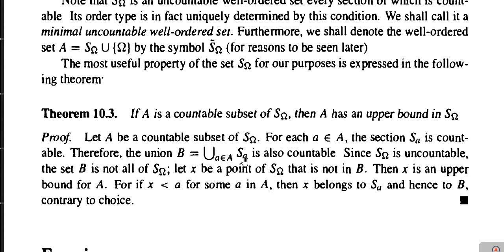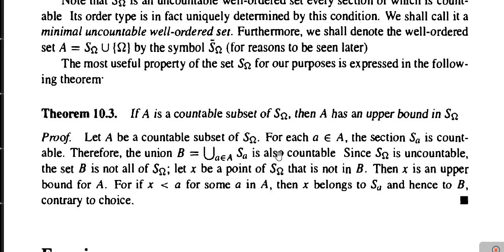As we have seen in the earlier article, the countable union of countable sets is countable. So as B is a countable union of countable sets, B is countable. Now since S omega is uncountable, the set B is not all of S omega.